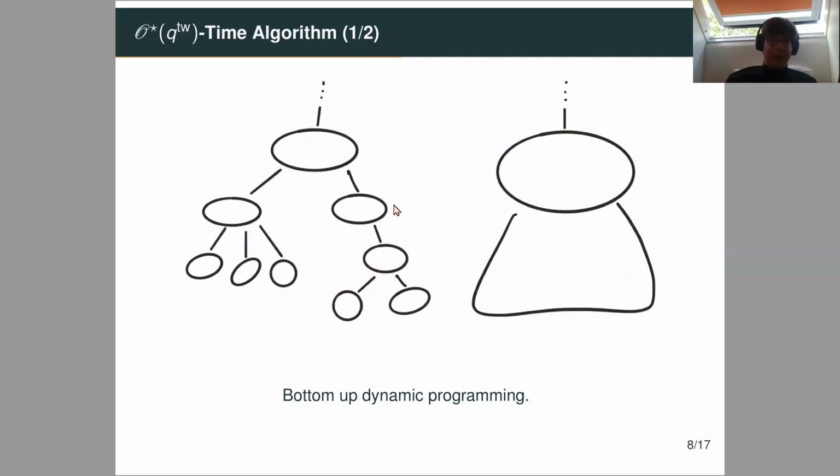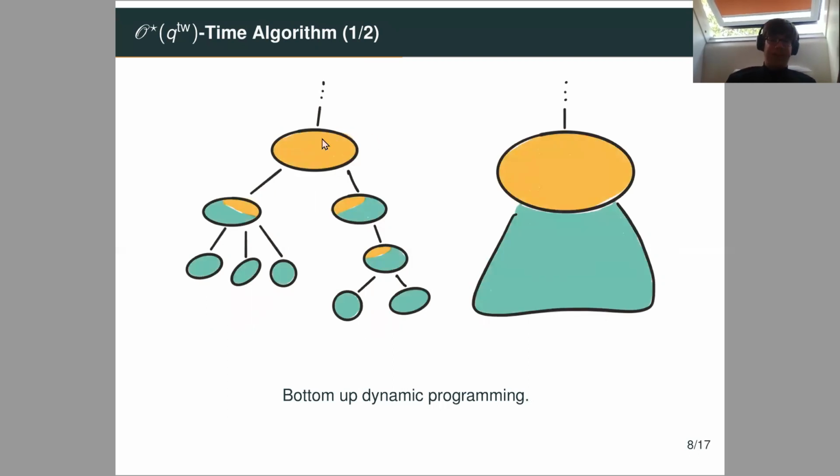Okay, so in our algorithm, we do a bottom-up dynamic programming, and we assume that the tree decomposition is rooted in some arbitrary bag. And so for each bag, we will store some information that mostly concerns 2 things.